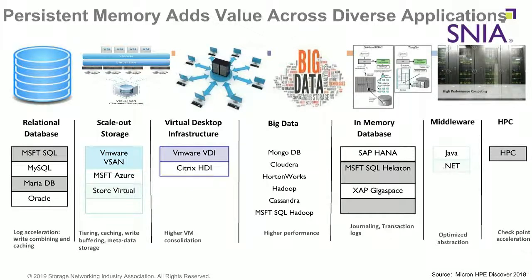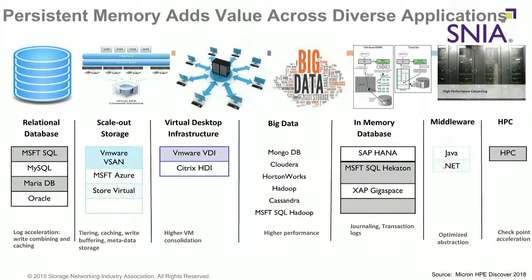Then there is support for Java and .NET coming as well. There are some libraries available in pmem.io. There's more work underway to be able to use the persistent memory directly from Java and .NET. That would be huge for all the software developers and application developers, where you can actually access this memory directly.